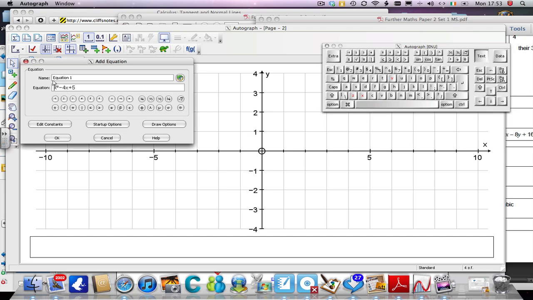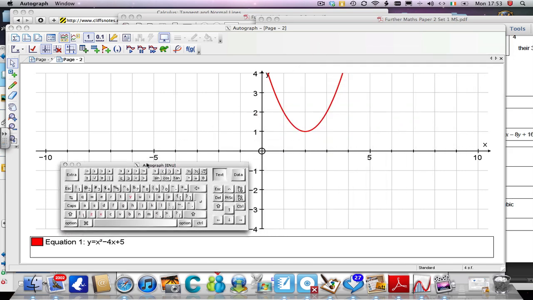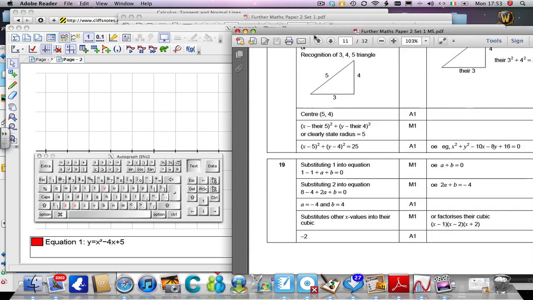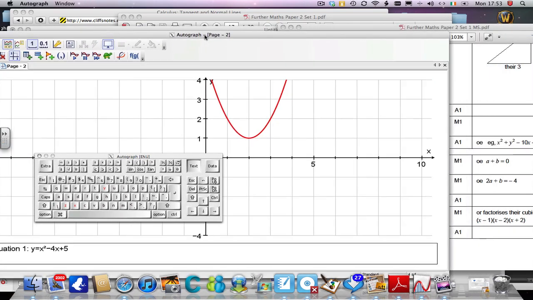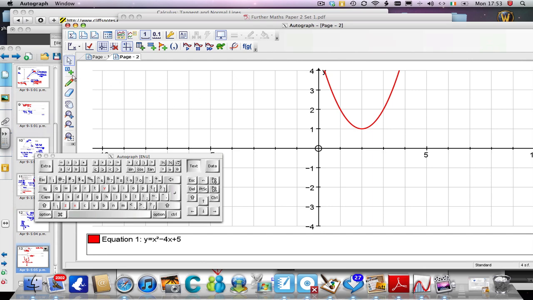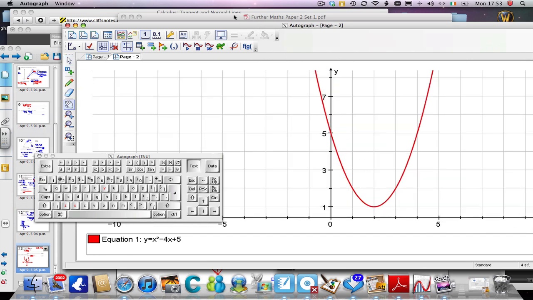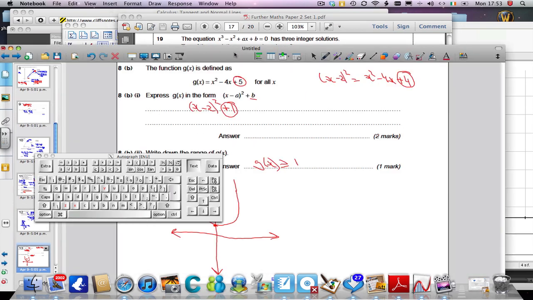Oh, we should put y equals. So yeah, my graph wasn't brilliant, but sure, we get the idea. As you can see, the function is defined everywhere above 1. Absolutely everywhere above 1. Okay.